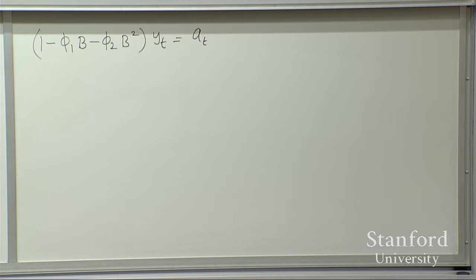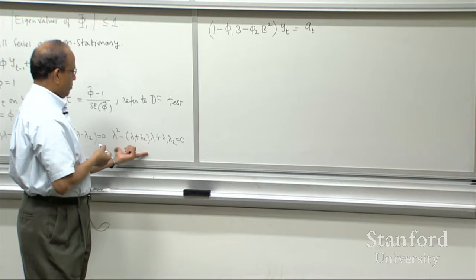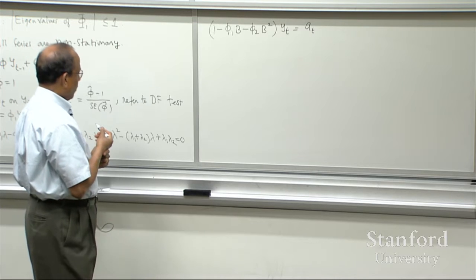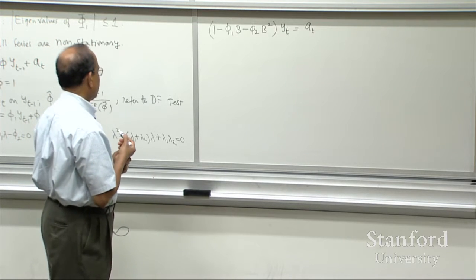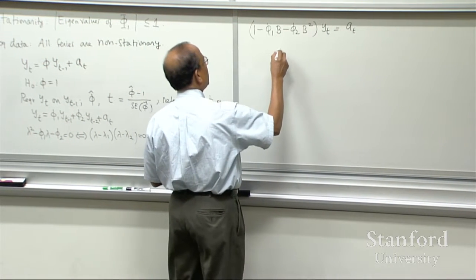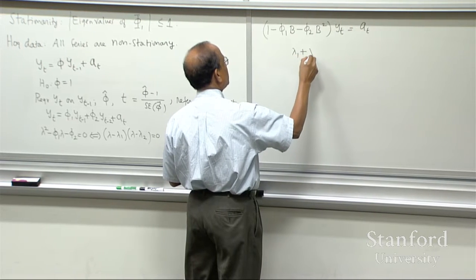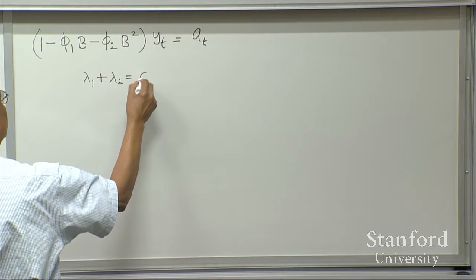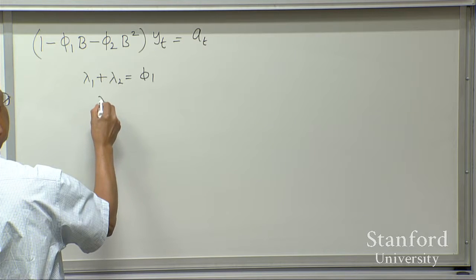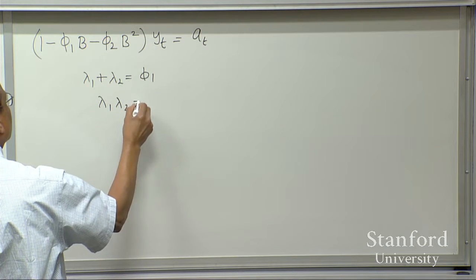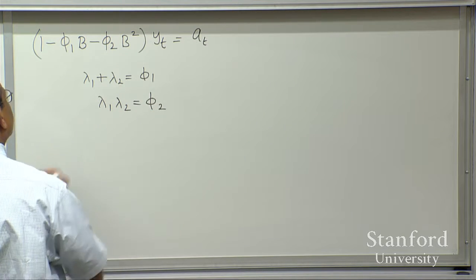These lambdas are nothing but the inverse of B, and you can match it with the quantities that I have there. So essentially lambda 1 plus lambda 2 should be equal to pi 1, and the product lambda 1 lambda 2 should be equal to pi 2.